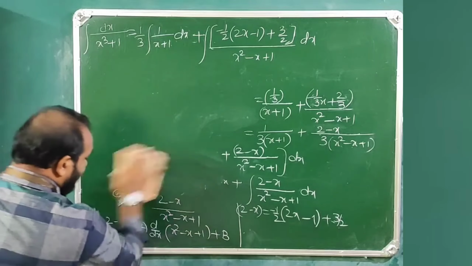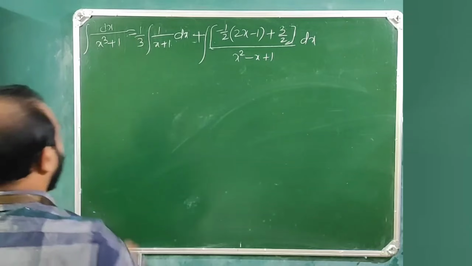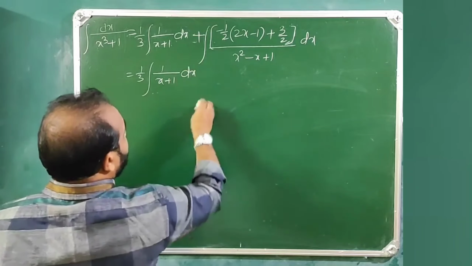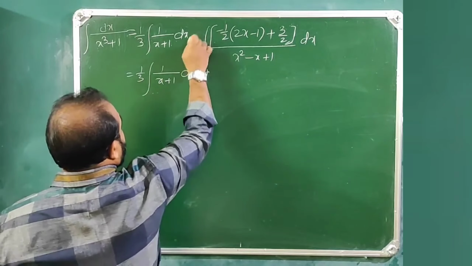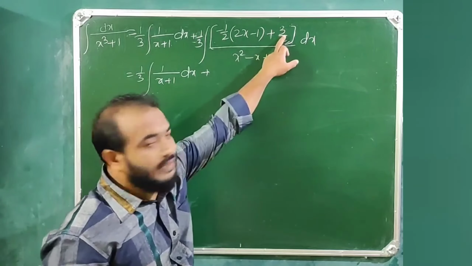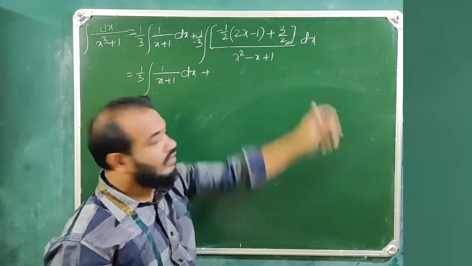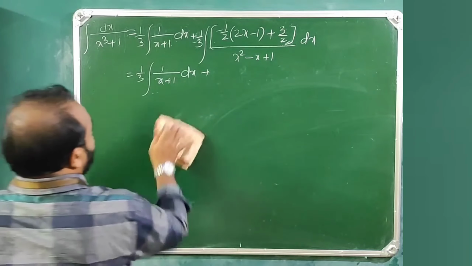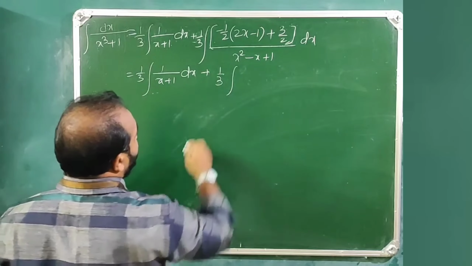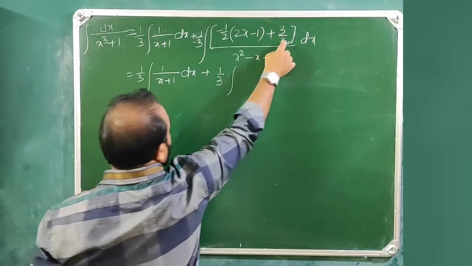So this is all. Let us write. So this is equal to 1 by 3 integral 1 by x plus 1 dx plus, earlier here 1 by 3 had been missing, so this is 2 minus x by 3 into x square minus x plus 1, and 2 minus x is what we have got now. So this is 1 by 3 integral, a plus b by c is a by c plus b by c.